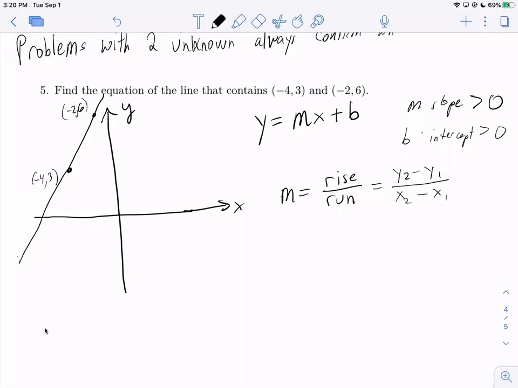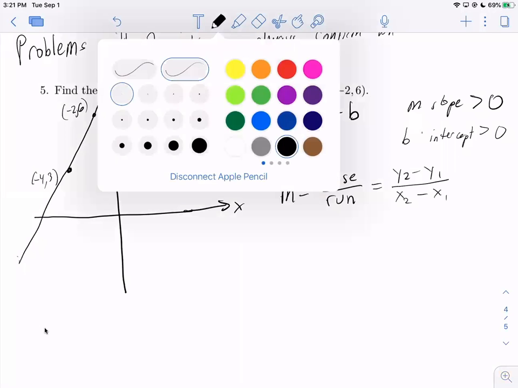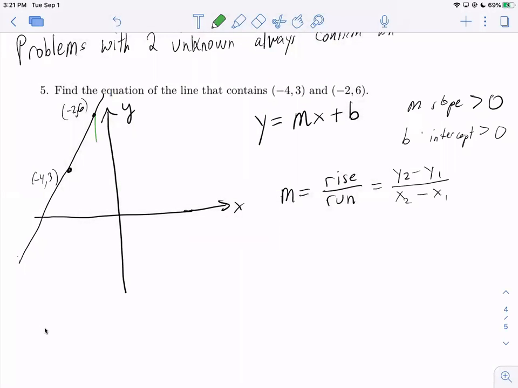Or alternatively, you can look at the picture and draw a little triangle. This way you remember this formula for life. So what's the change in height if you go from the first point to the second point? How far apart are they? How long is the green line segment?